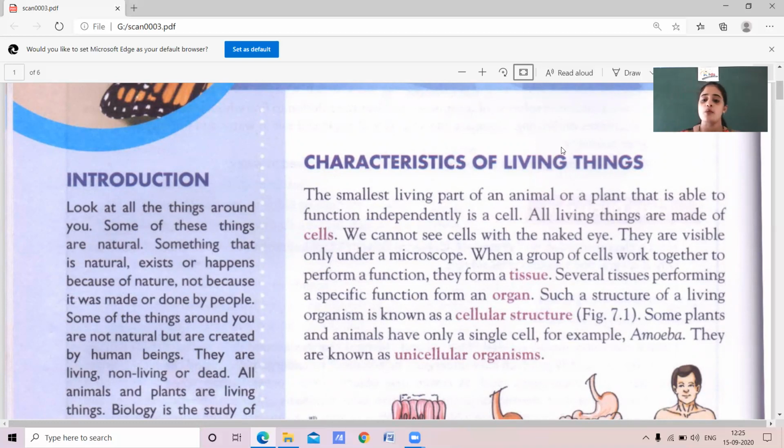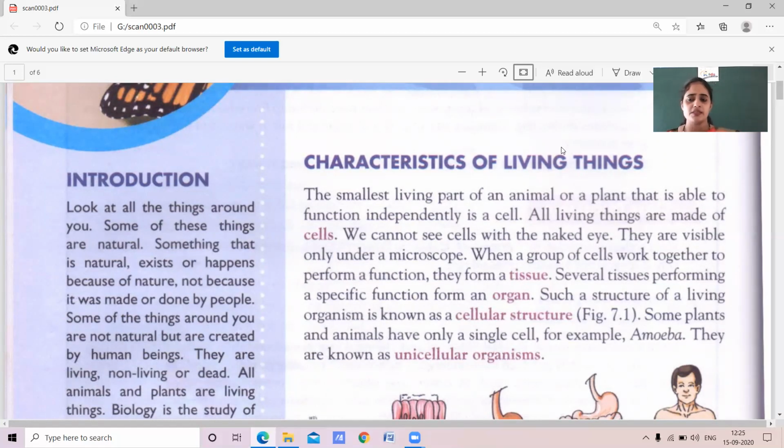That is a microscope. The objects which cannot be seen through our naked eyes, we call microscopic objects. By the microscope, we are able to see the substance. So, the cell can be seen with the help of a microscope.